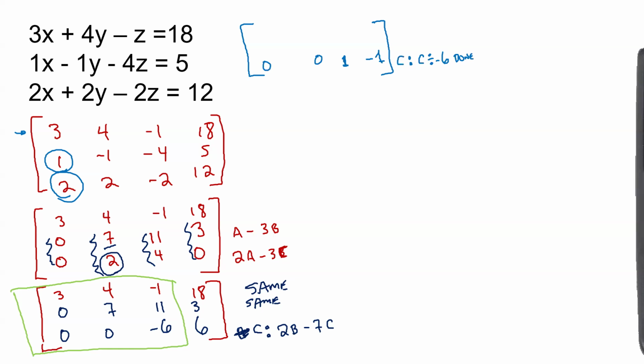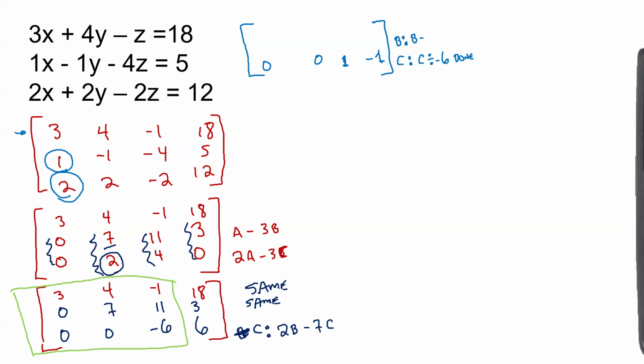We're not going to change anything with row C again, but we can and will use row C to eliminate the number right above it, the 11. Let's go ahead and do that. I want to take the new row B is going to be the old row B minus, now I've got a negative 1, I'm sorry, a positive 1 right there.